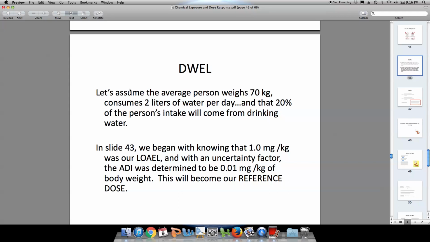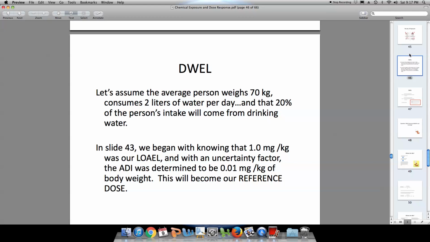We can have skin contact. We could have absorption through the skin. We can breathe it in and have the route of exposure through our nasal passages and lungs. But that would be 100% of the exposure. In this instance, we are assuming that only 20% of our exposure to this material comes from our drinking water.